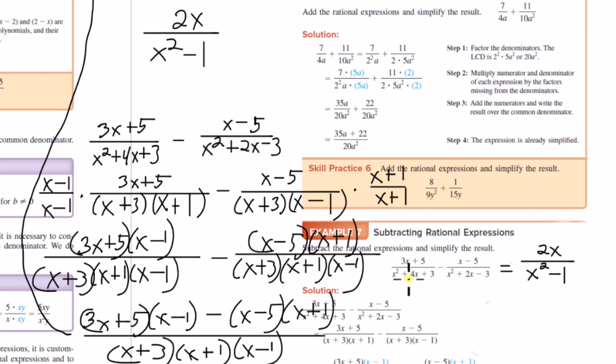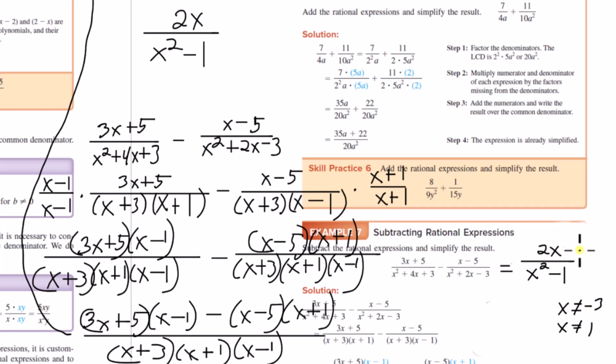Would you be dividing by 0? Let's see, what would that be? x can't be minus 3, and x can't be 1. And that still applies here, because if x was minus 3 or x was 1, then you couldn't have done this subtraction to begin with. The subtraction wouldn't have even existed in the first place.